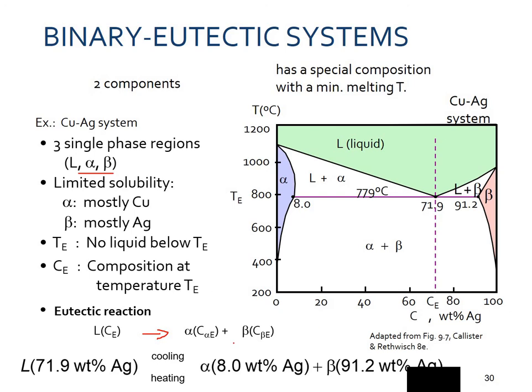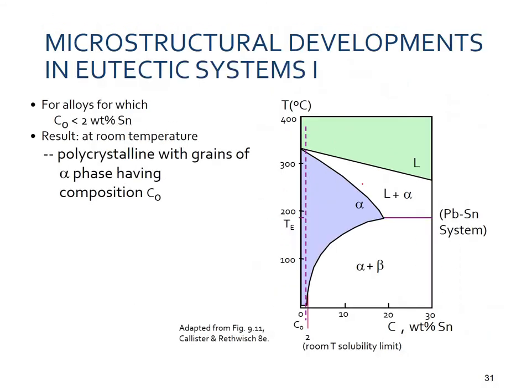The liquid here consists of 71.9% silver, and will be directly converting into 8.01% silver and 91.2% silver. We can calculate this from the lever rule.